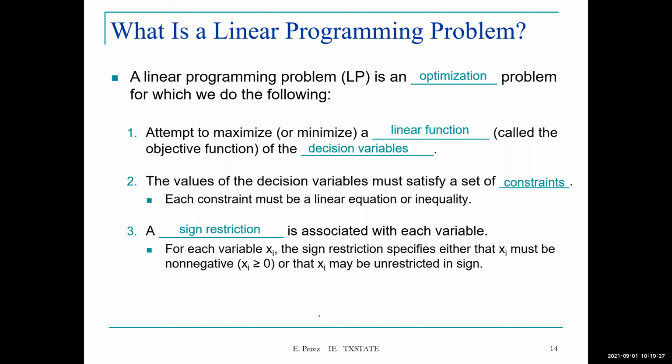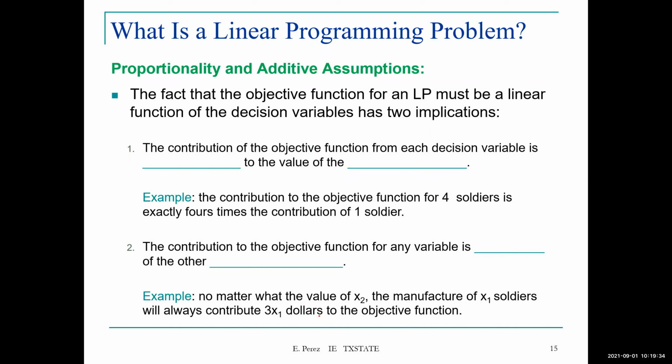Okay, so a little bit more about this type of models. The proportionality and additive assumptions. The fact that the objective function for an LP must be a linear function of decision variables has two implications. First, the contribution to the objective function from each decision variable is proportional to the value of the decision variable. For example, the contribution to the objective function for four soldiers is exactly 4 times the contribution of 1 soldier.